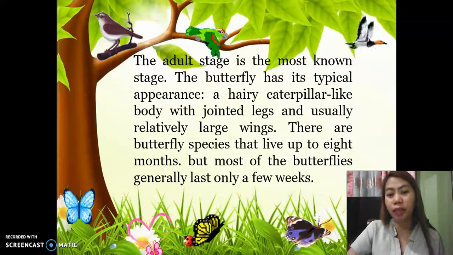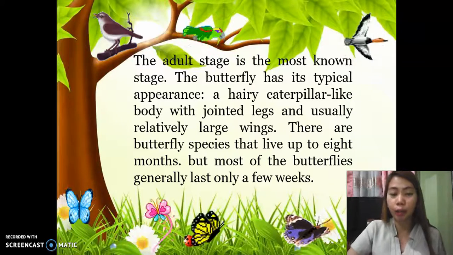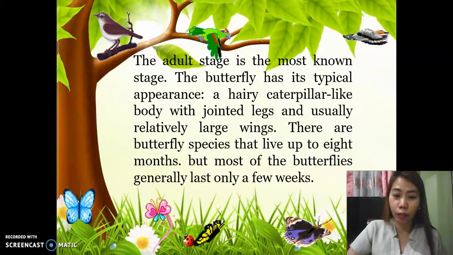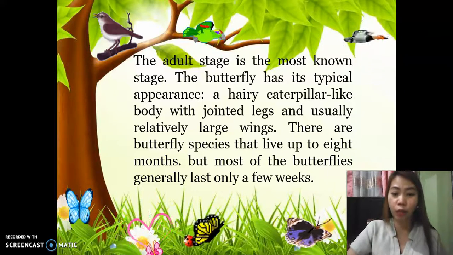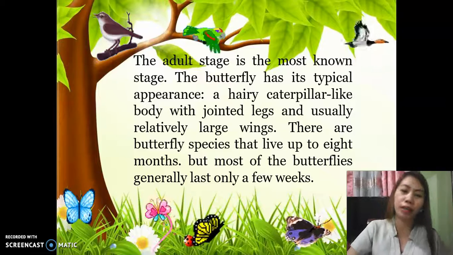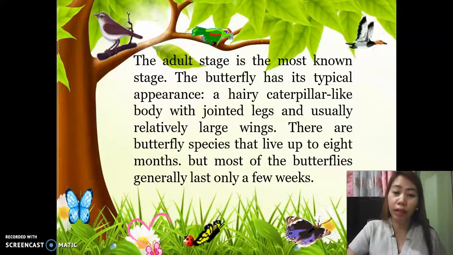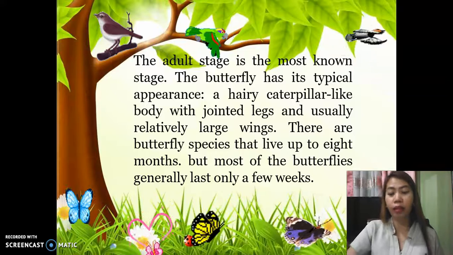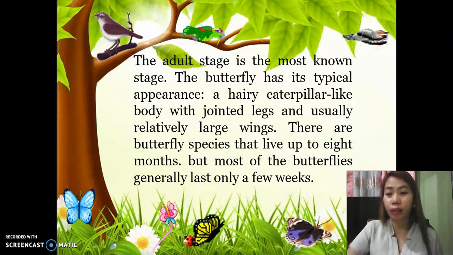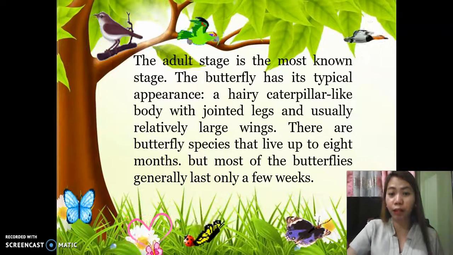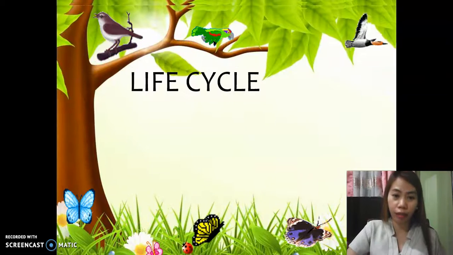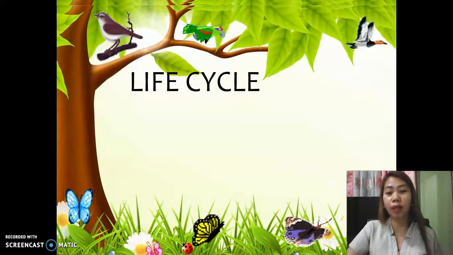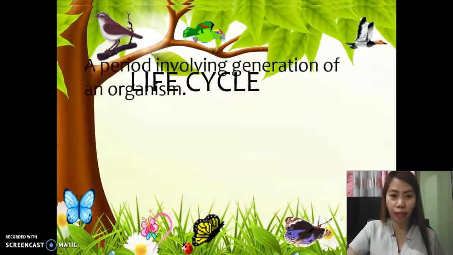So, karamihan pala ng mga uri ng butterfly ay tumatagal lang for only a few weeks. Pero meron din naman mga other types of butterfly na tumatagal ng 8 months. Okay? So that is how the adult stage of the butterfly happens. Okay? So that is all about the butterfly life cycle.